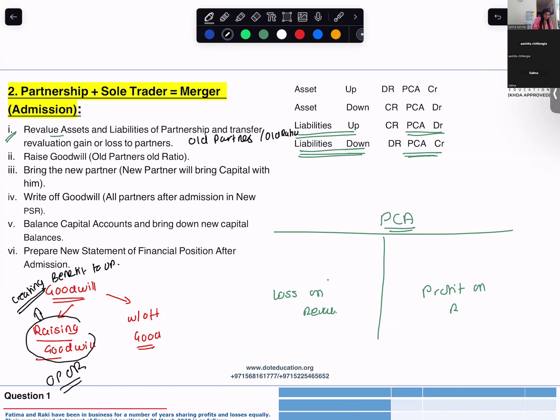Goodwill is raised amongst the old partners in old profit sharing ratio. That means they have created goodwill and they have brought this goodwill into the new firm, that is ABC.